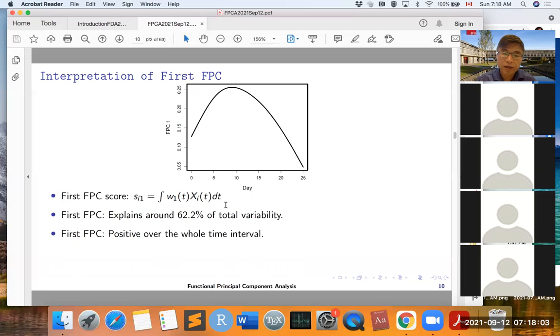You can see that the FPC score S_i1 is the inner product of W1(t) and X_i(t). So if you look at this formula, how do we interpret the first FPC scores? Any ideas? Any volunteer to tell me how you would interpret the first FPC or the first FPC scores?